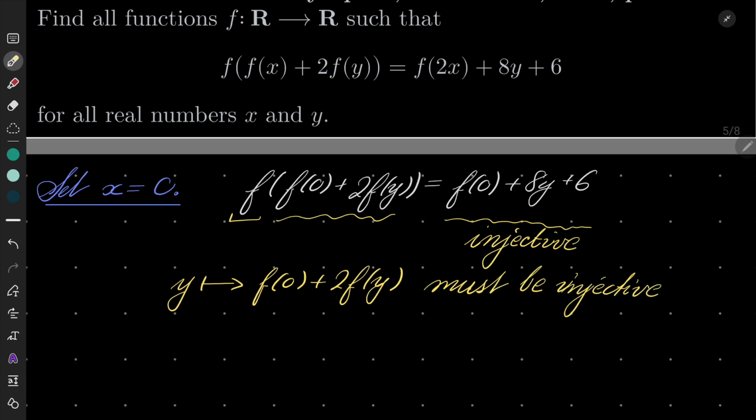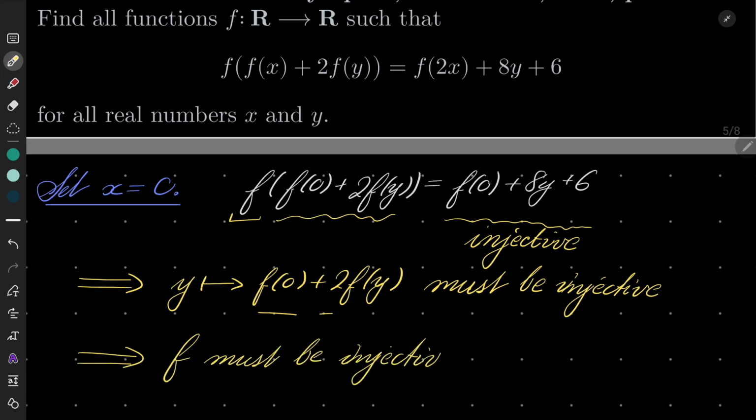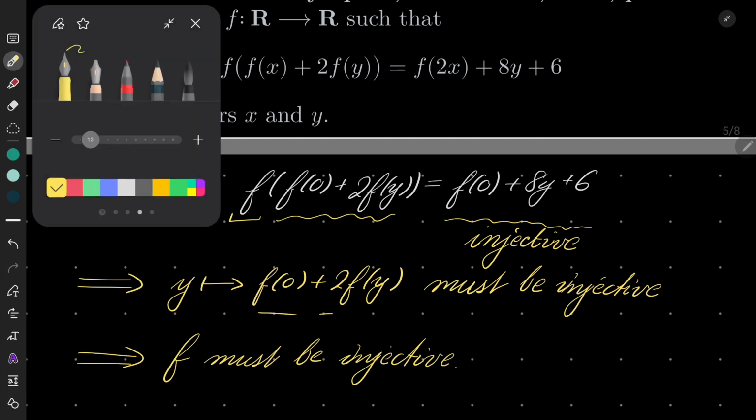But let's notice that here we have some constant, here we also have some constant, which means that function f itself must be injective. Okay, so now we know that our function is injective.